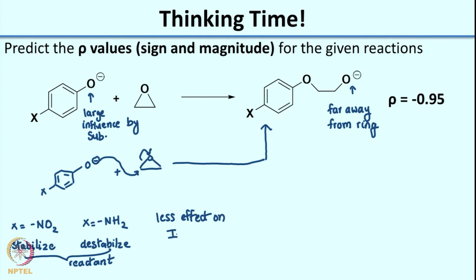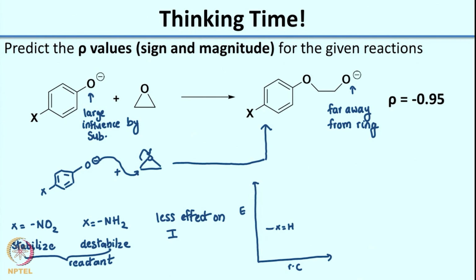So now I will go back to the reaction coordinate diagram. So in the reaction coordinate diagram, let us put this as A and this as the reaction coordinate. If I look at the reactant, if this is X is equal to H, when I have NO2, it is stabilized. So it will come down.